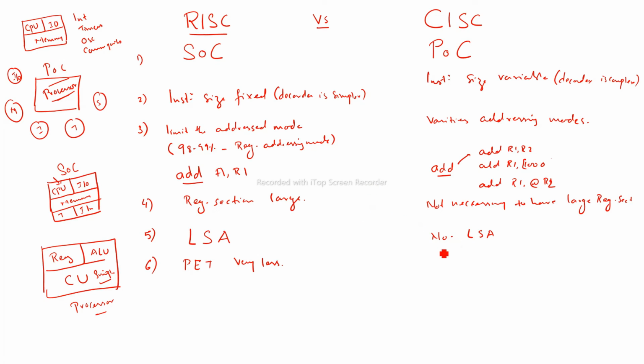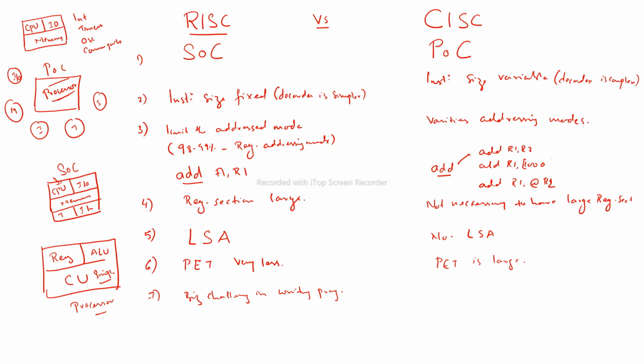And if you look at the program execution time, it is larger comparatively to the reduced instruction set computer, that is register addressing mode. And if you have limited addressing modes, then we have a very big challenge in writing the program. Why? Because we have only limited instructions or limited freedom given to write the program.